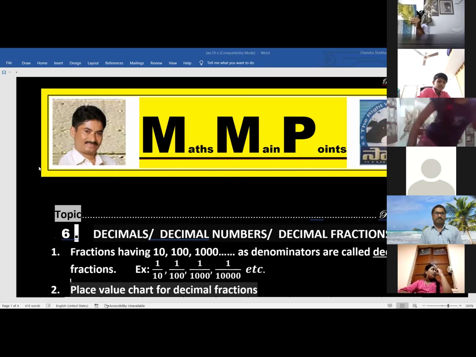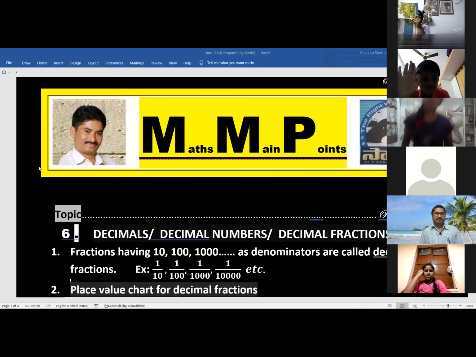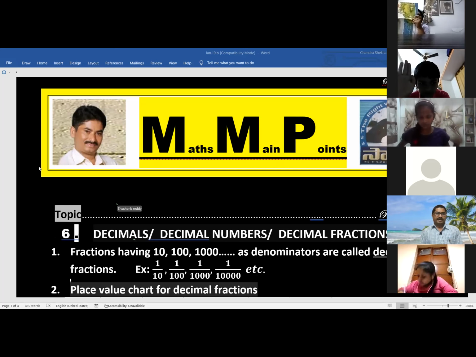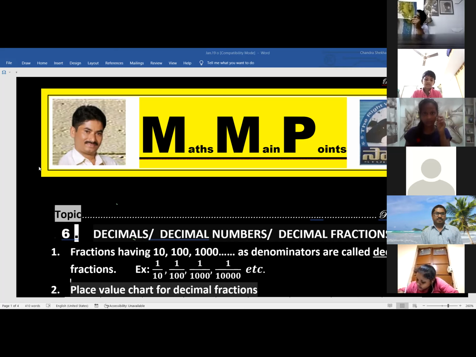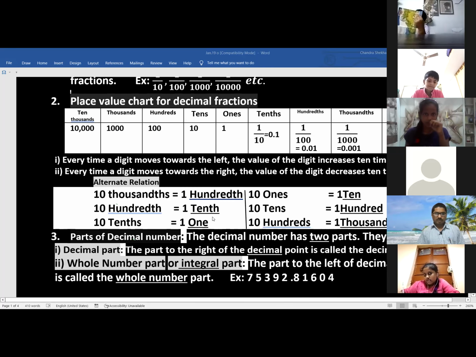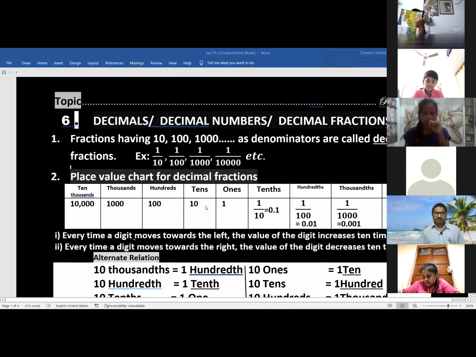Sir, 0.1. 1/100 is 0.01. 1/1000 is 0.001. Okay, very good. Excellent. We studied this.